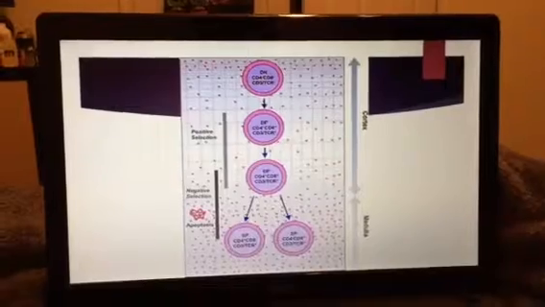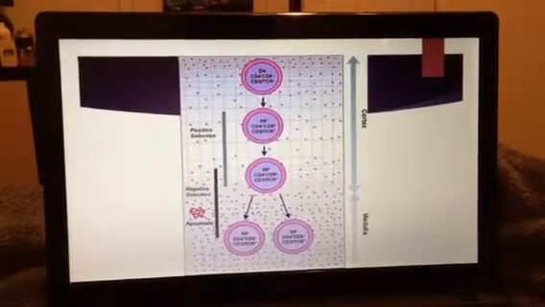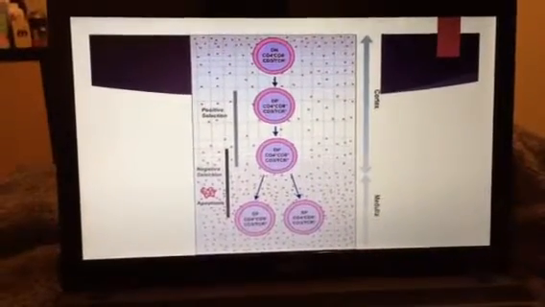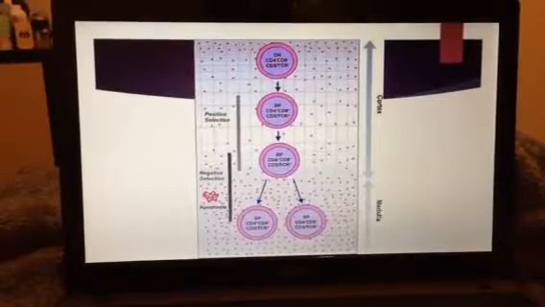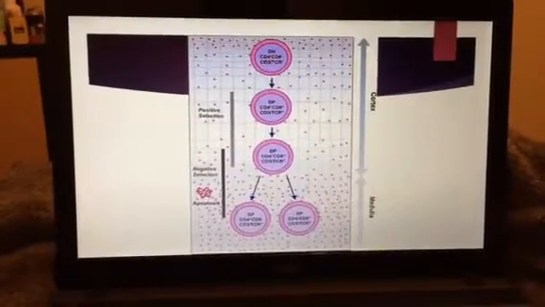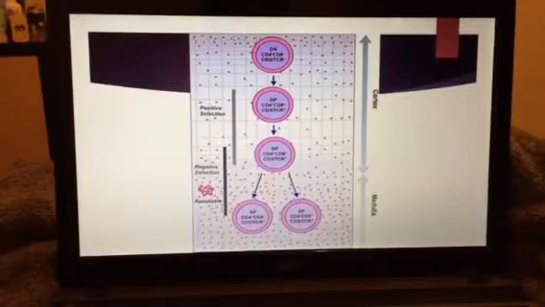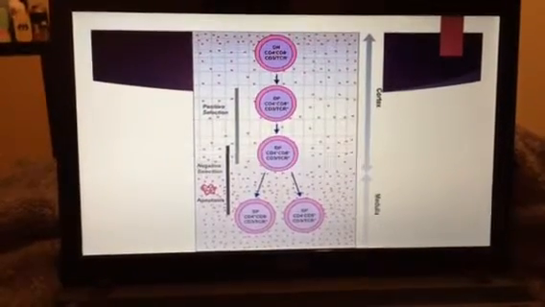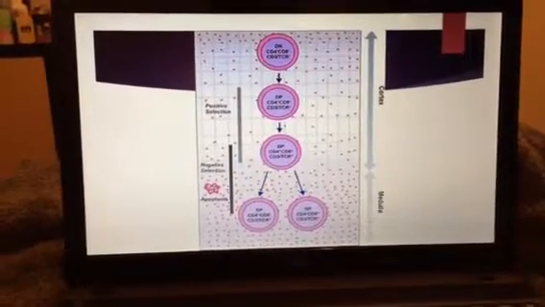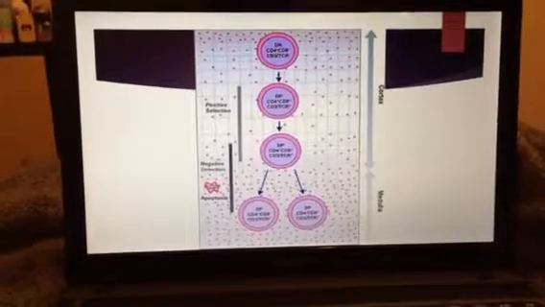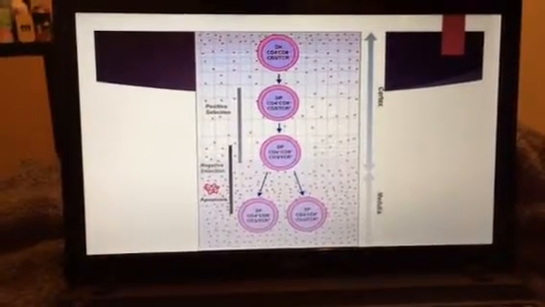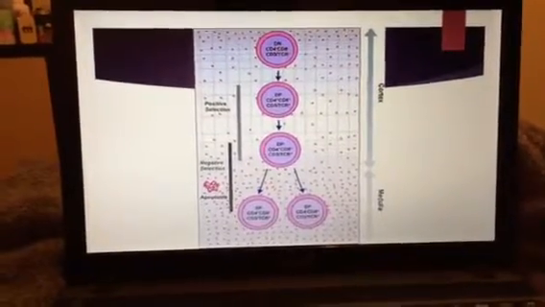The CD8 is also known as a cytotoxic T cell. Cytotoxic T cells are able to remove virus-infected cells, and they can also remove neoplastic cells.